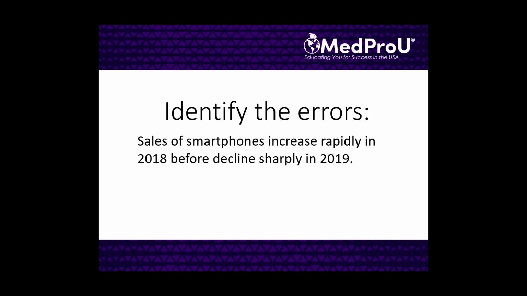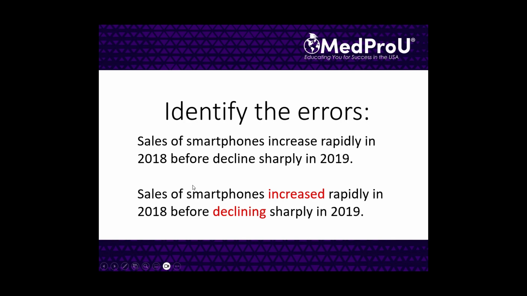Increase can be changed into increased. Before what? Before decline? Yes, it should be before declining. So the sales of smartphones increased rapidly before declining sharply. That's right.